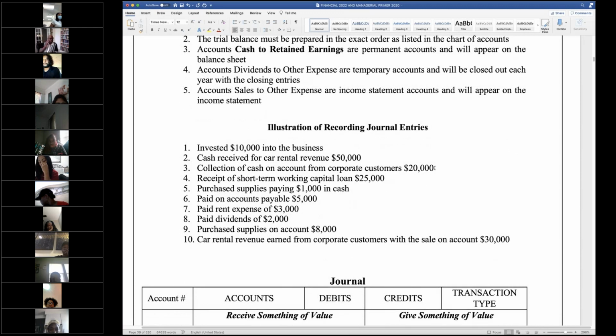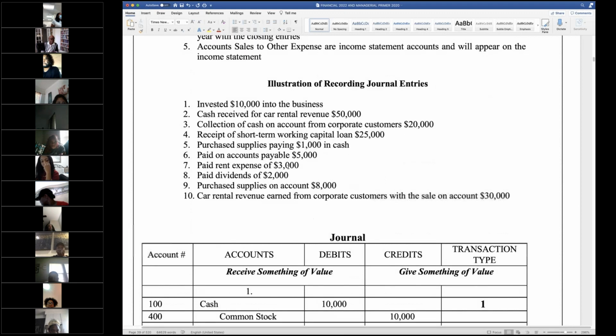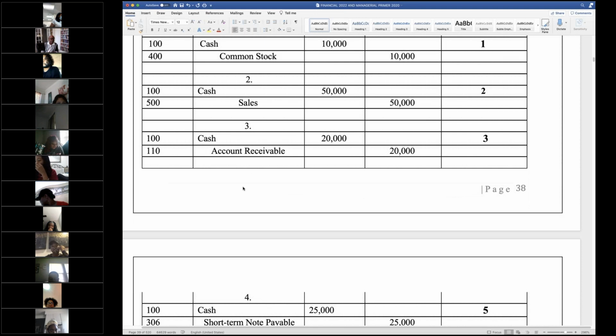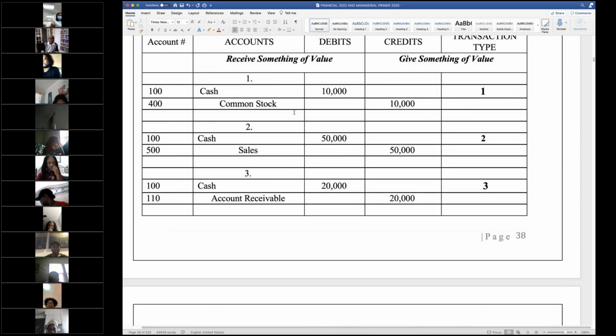Then I gave you this problem with illustrations of each of the journal entries we made. The first four involve the receipt of cash by the business. We invested to start the business. We received cash for car revenue. We collected from corporate customers. We received a short-term loan. In each of those cases, cash came into the business, and we debited cash.